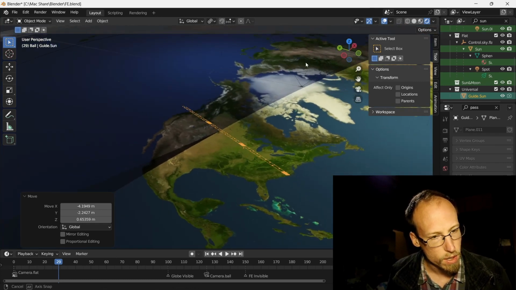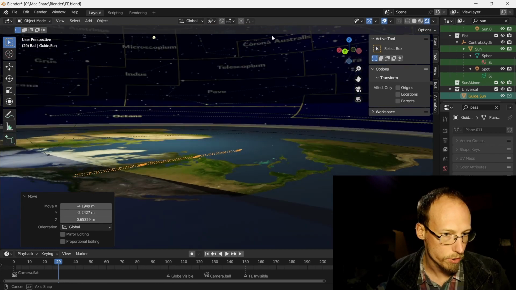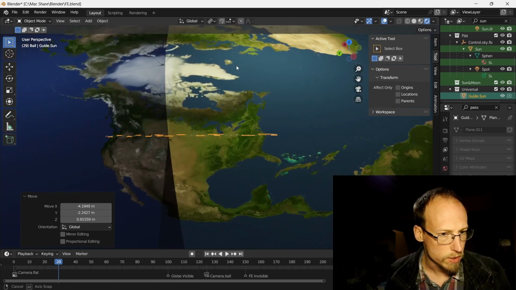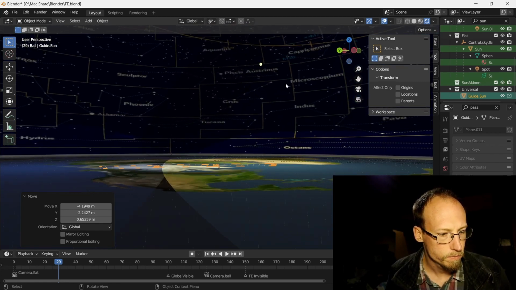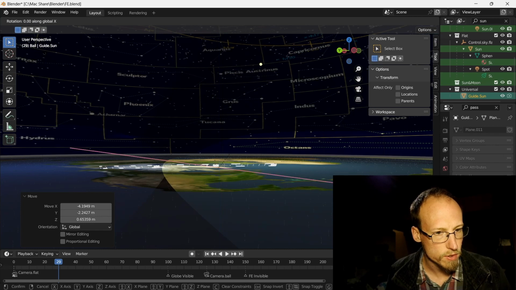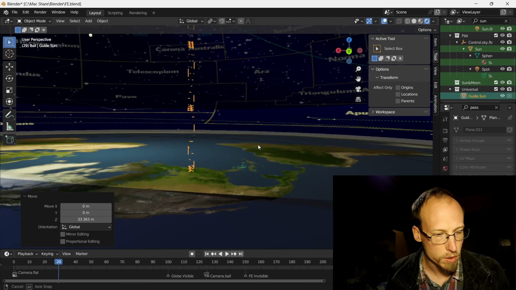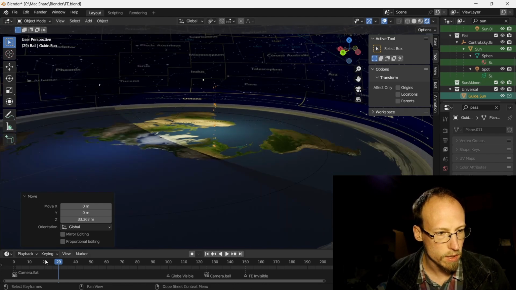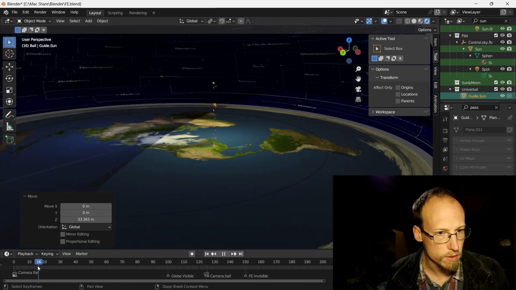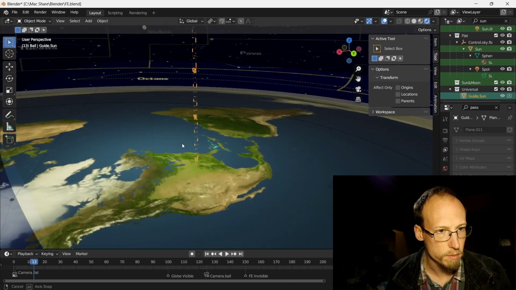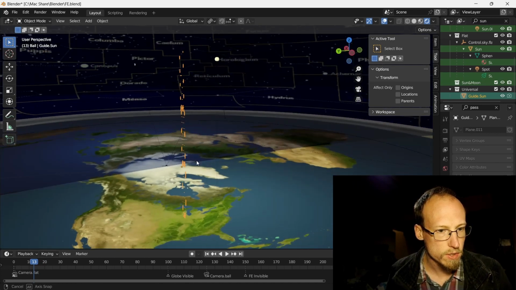So that's 3,000. So if we fix this back up here, 90 straight, boom, rotate the sun, and you can see that it's approximately the same. So this is to scale.